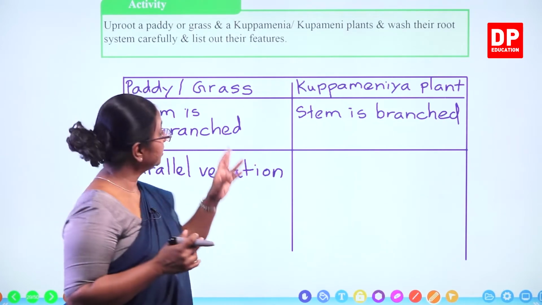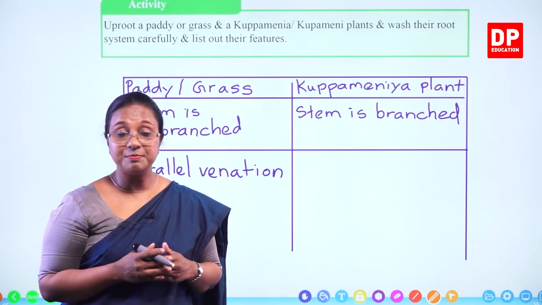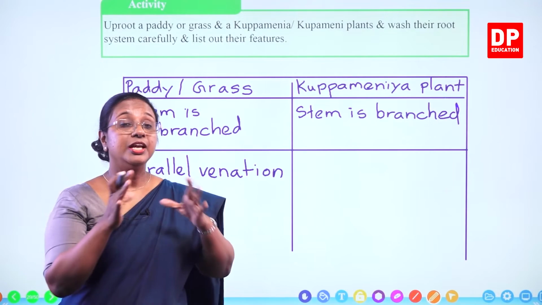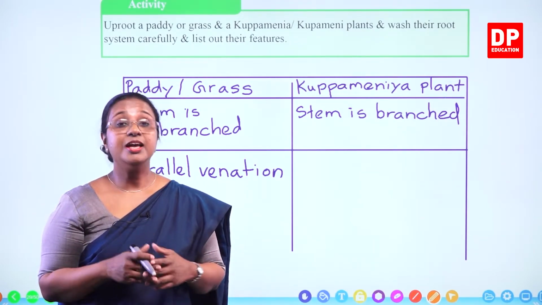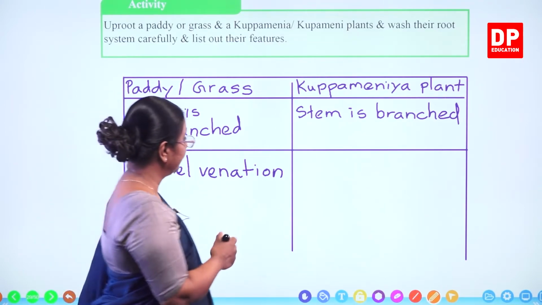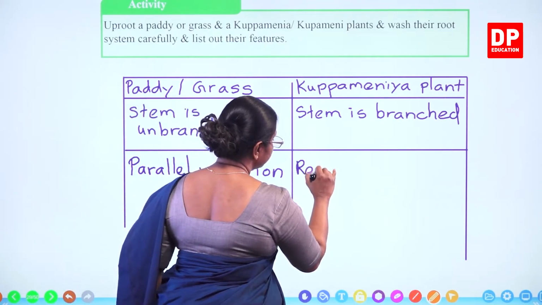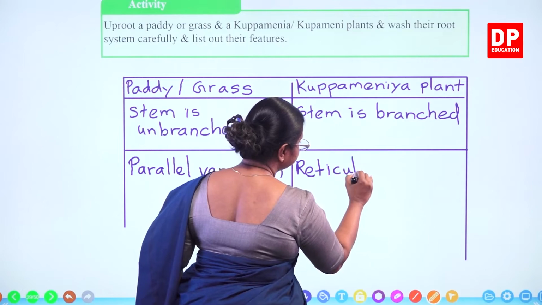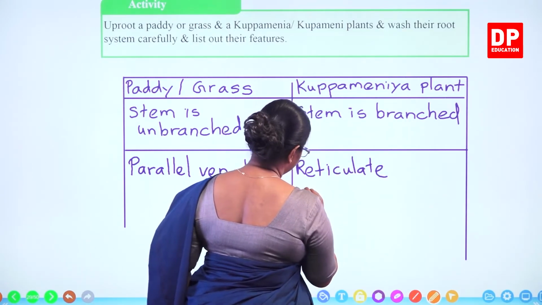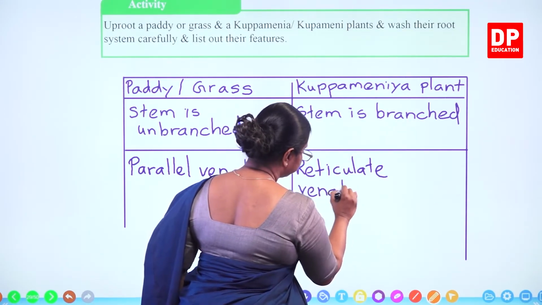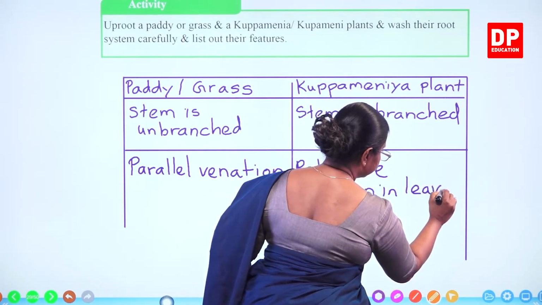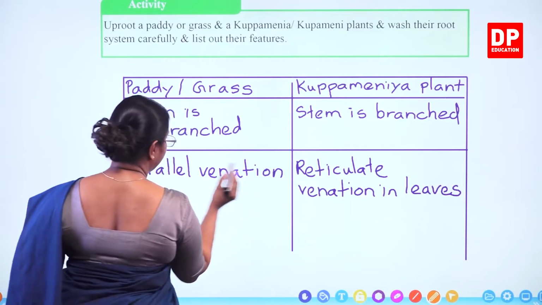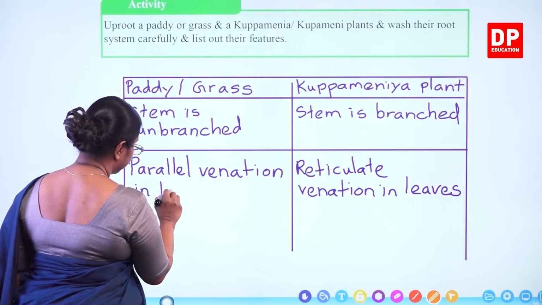It was shorter compared to the leaves of the grass and paddy, and also it was broader. And what was the type of venation there? It was reticulate venation. You were able to see reticulate venation in leaves. So here also we can say parallel venation in leaves.